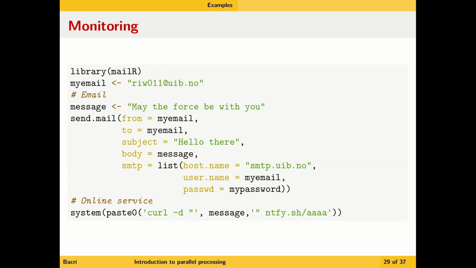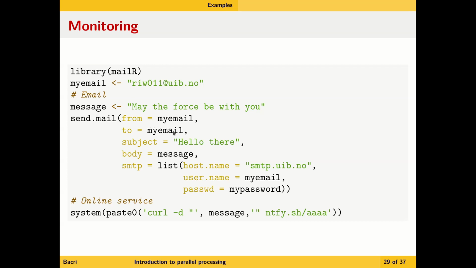For now, the mail server at uib.no is still working. If you want to use Gmail, you can, but it is slightly more complicated, so I will not get into it. This works in every programming language, and this is just an R example. The way you can do this in R would be to use your ID. Your first and last name does not work for some reason. Then you define a message.